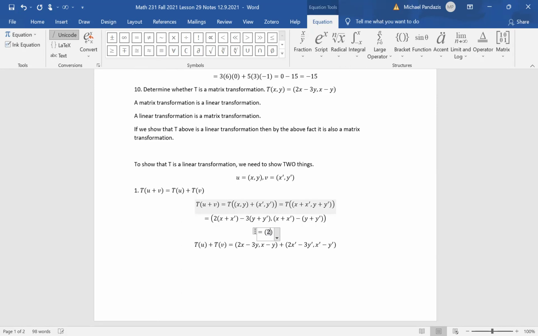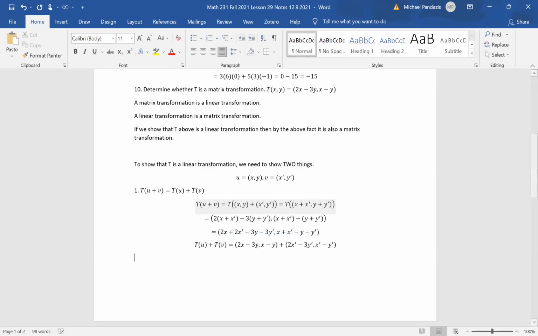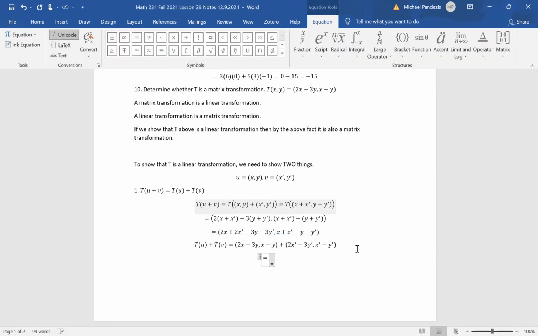So if we combine all like terms, we get 2x plus 2x prime minus 3y minus 3y prime, comma, and so here we just have x plus x prime minus y plus y prime. Okay, so here I'm going to write this out. So I'm going to add the first terms and second terms.